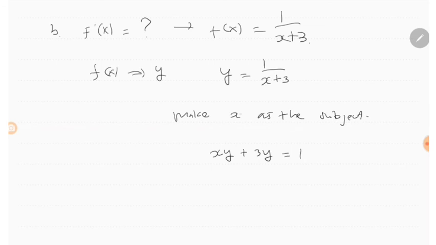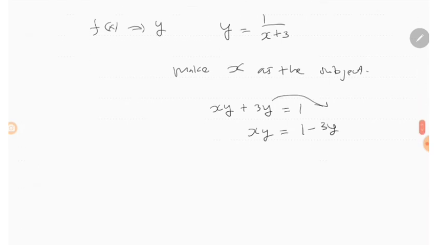Because we're going to make x the subject, we subtract 3y from both sides, or as a simple way, just move it over to the other side. So you have xy equals 1 minus 3y.